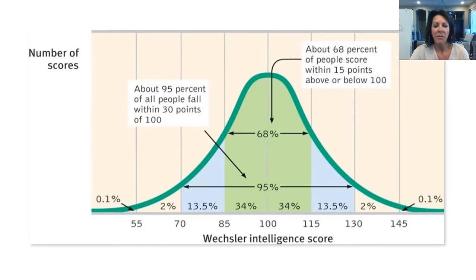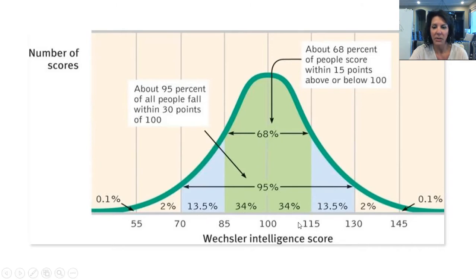So the mean of the Wechsler Intelligence Test is 100 and the standard deviation is 15. I can use this information to know about where 68% of the scores are, and I can find the scores at one standard deviation above and one standard deviation below. So how do I do that? Well, I take my mean of 100 and I add 15 points, the standard deviation, to find the score at one standard deviation above.